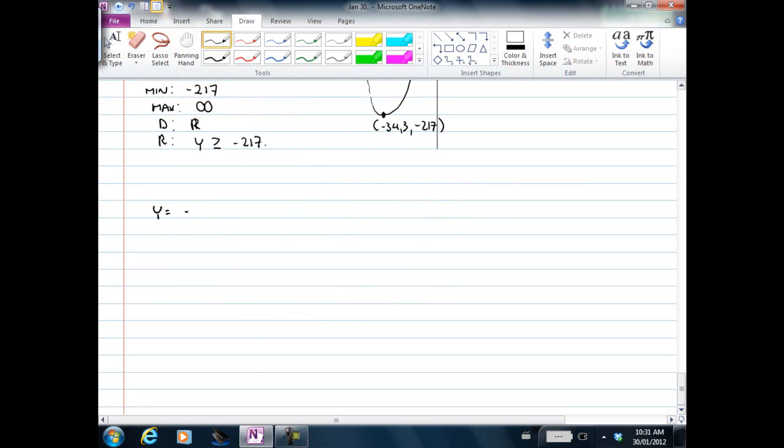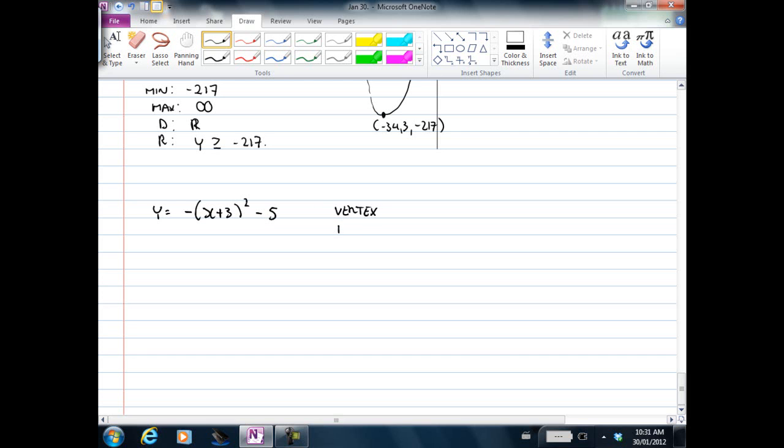Y equals, watch what I'm going to do, negative, open brackets, x plus 3, close bracket squared, minus 5. Same concept. Vertex. A lot of you should imagine what the graph looks like now, just looking at the equation. I don't need a graphing calculator for this.